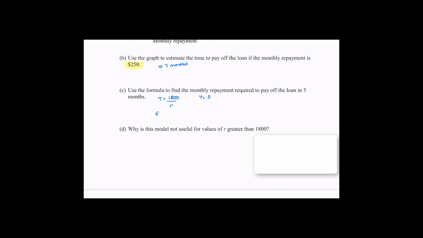So 5 equals 1,800 over R. In order to solve this, I can bring R to the other side and then divide by 5. And so I get R equals $360. So therefore, the monthly repayment required is $360.